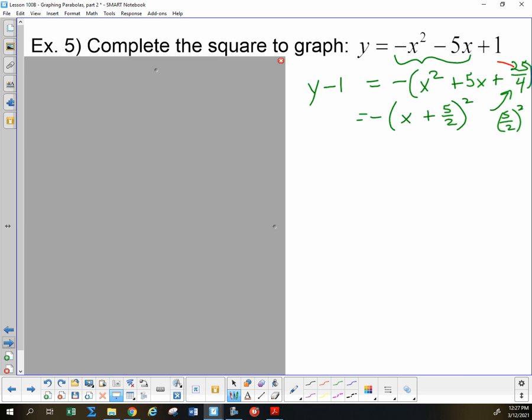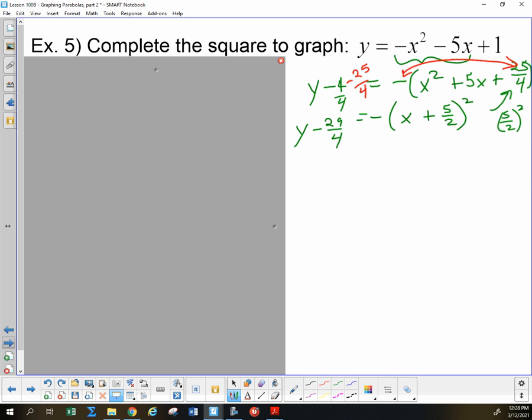It is really a plus 25 fourths that got multiplied by this minus sign out in front. So it really was a minus 25 fourths. So we minus 25 fourths on the left as well. Minus 1 is minus 4 fourths. So if we put that together with minus 25 fourths, we have y minus 29 fourths.